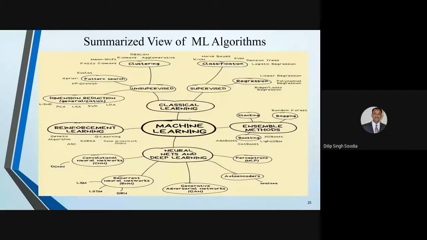Unsupervised can be divided into clustering, pattern recognition, ensemble learning, reinforcement learning, and neural network based learning: the simple neural network, the perceptron, multi-layer perceptron, and deep neural networks. So this is the summarized way of looking at the different types of learning algorithms.